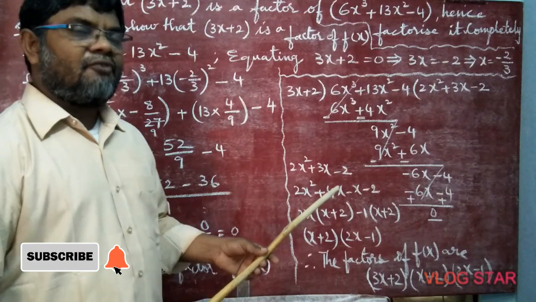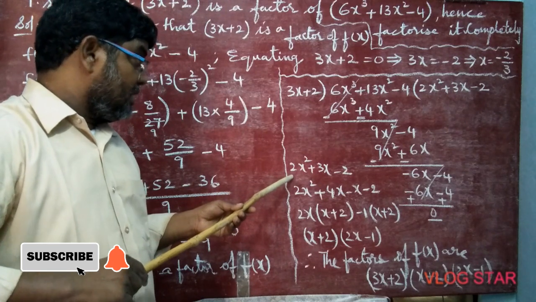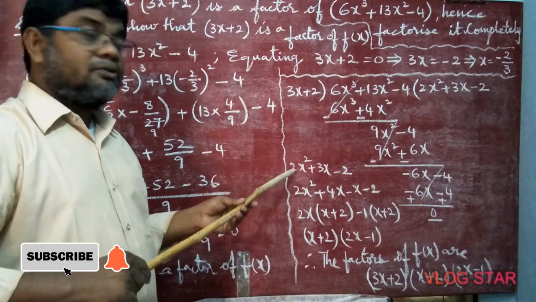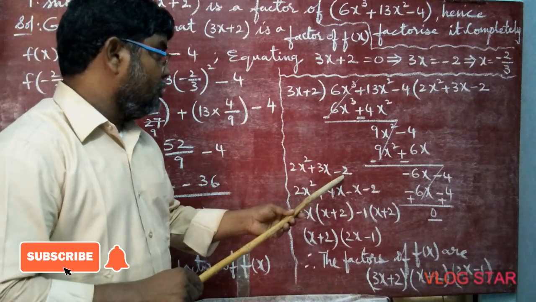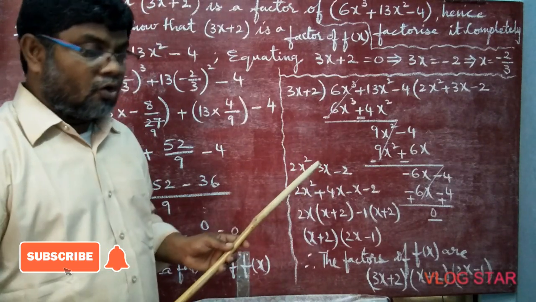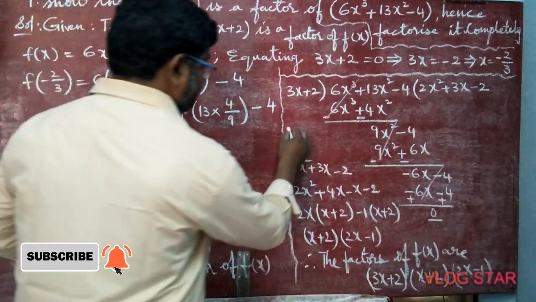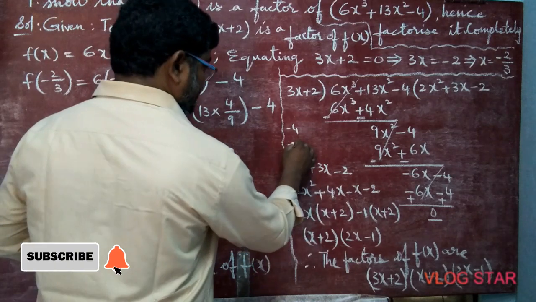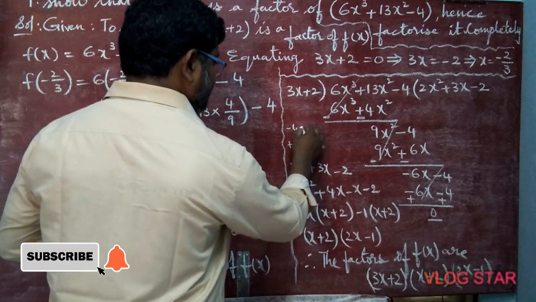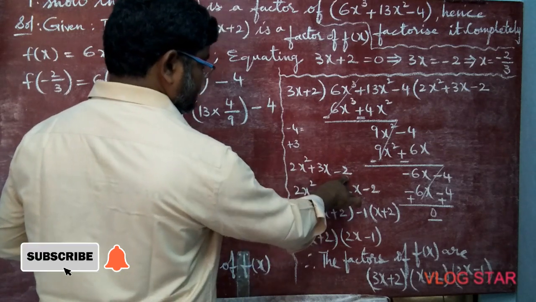Now we are going to find factors, not for minus 2. We have to multiply the coefficient of x square: 2 into minus 2. For minus 4, we have to find factors, and when we simplify, plus 3 should come. How did we get minus 4? 2 into minus 2.